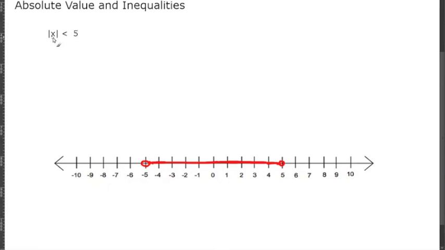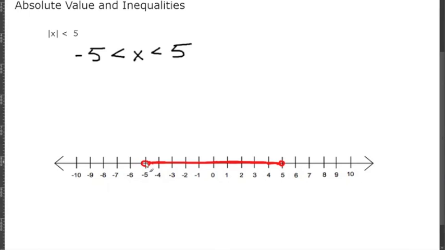So basically, when you have the absolute value of a number or an expression that is less than a numerical value, really you can write it as -5 is less than x, which is less than 5, because you have to account for all the negatives whose absolute values are less than 5.